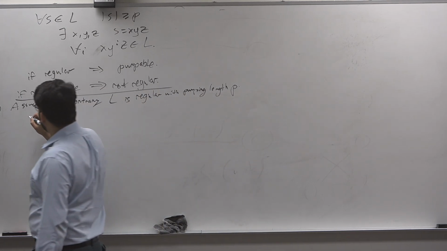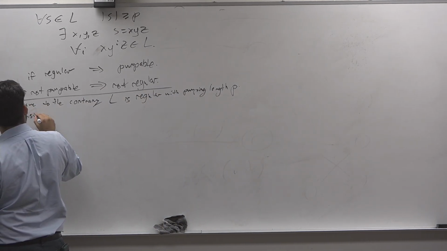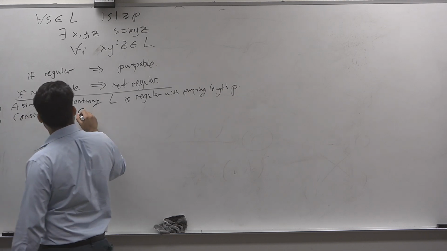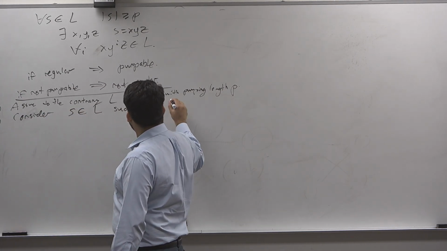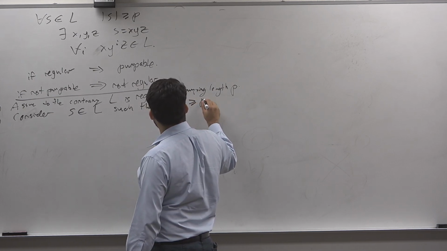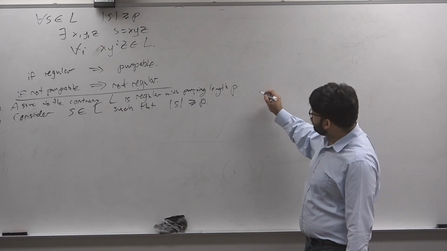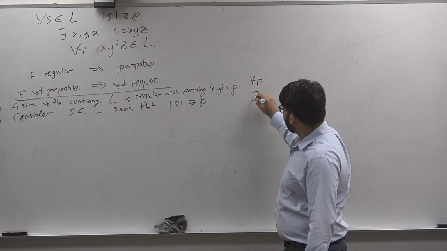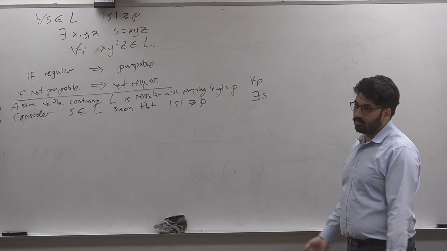Step two, consider S in L such that the length of S is greater than or equal to P, right? So this is something smart. This is like for all P there exists some S with some conditions. You get to choose the S, and that'll be very important later on.